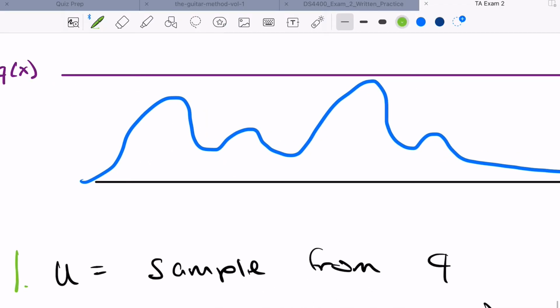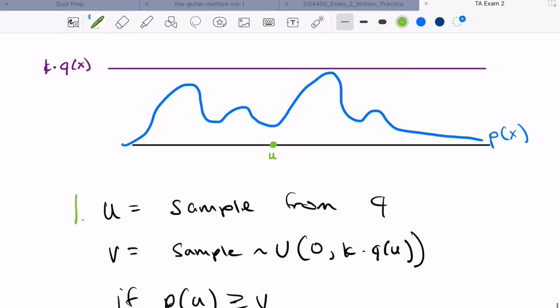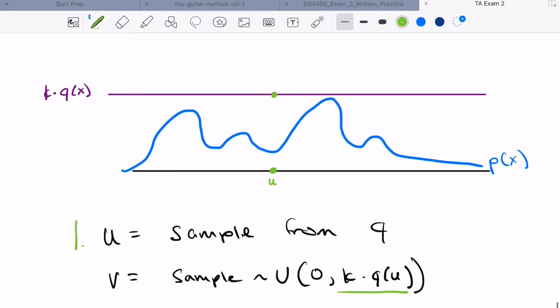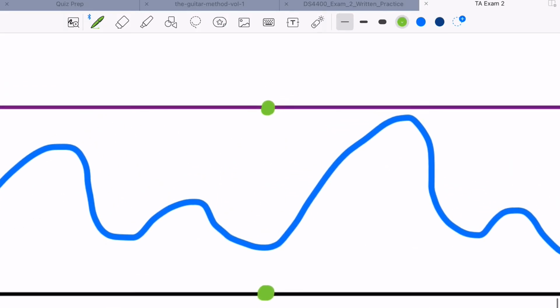So let's say we generate a sample U right here. Just to label a few things that we're going to see in our equation, we have k times Q of U. Q of U is going to be some value on a line down here, but k times Q of U scales that value upwards.